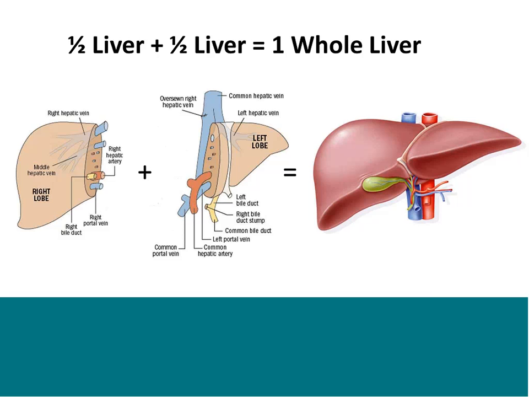Because we need to guarantee that the donor has enough liver to regenerate, and that the recipient, who is incredibly sick, receives a liver that can immediately function and cover their need without depending on the regeneration of the liver.